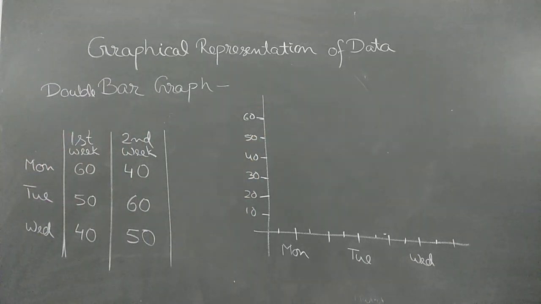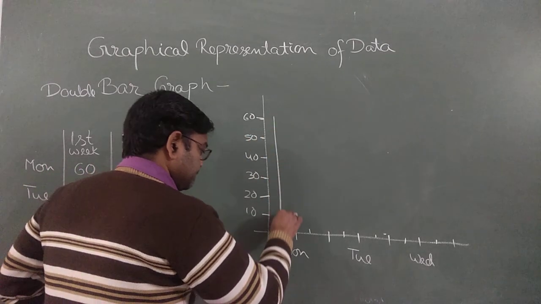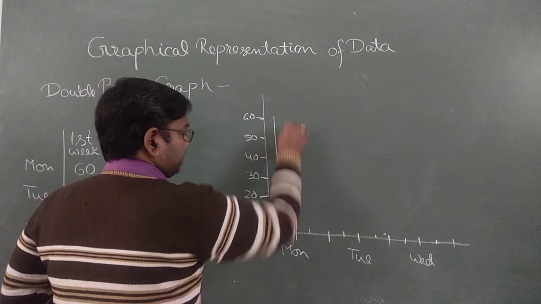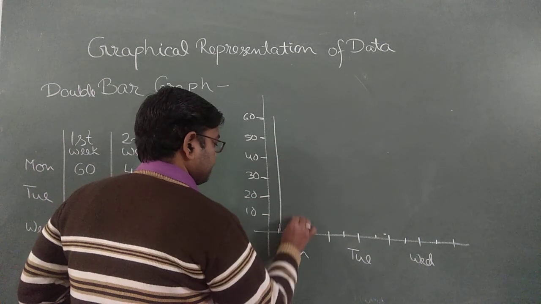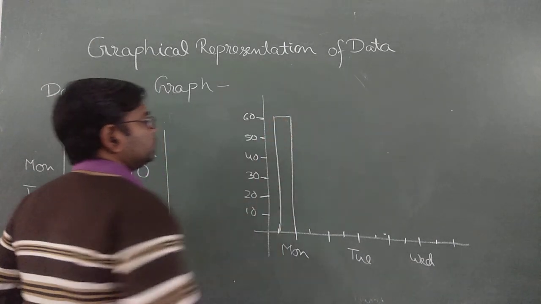Now we have to use the scale to plot this attendance. On Monday it's 60, this is the first week attendance.